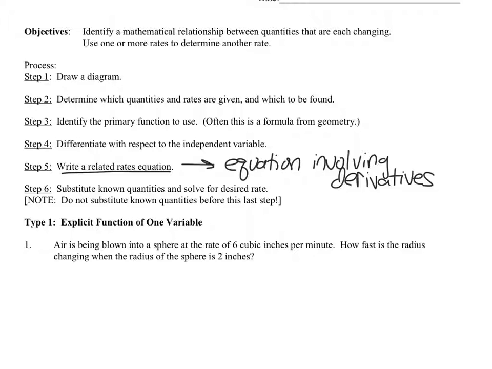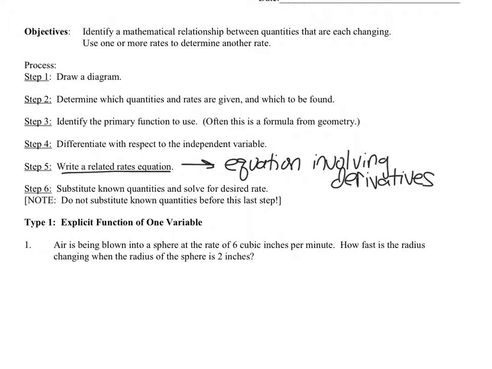And that's because derivatives are rates of change. If you have multiple derivatives within the same equation, since an equation is a relationship between variables, you would have a relationship between rates, related rates. So that's all the term really is trying to get across.